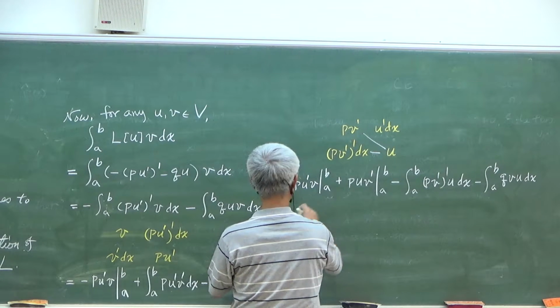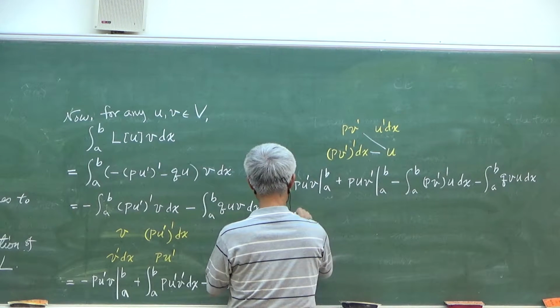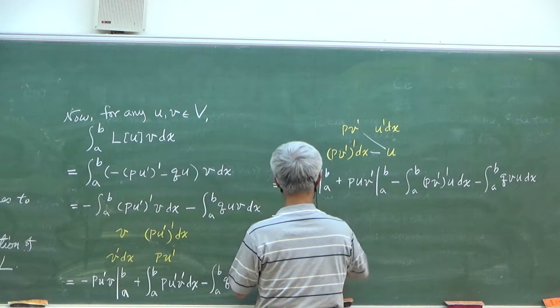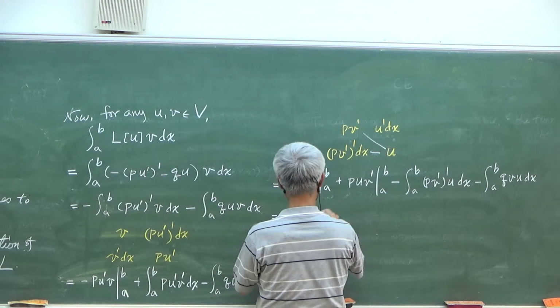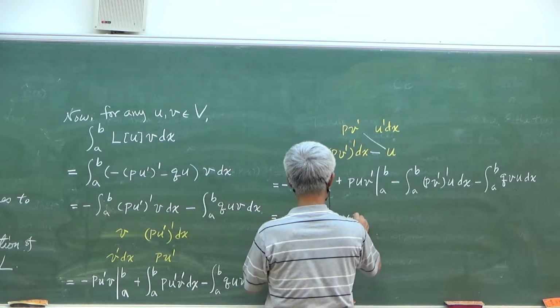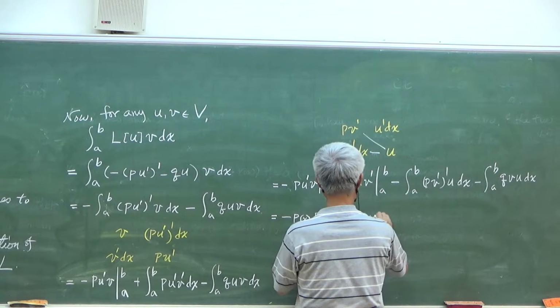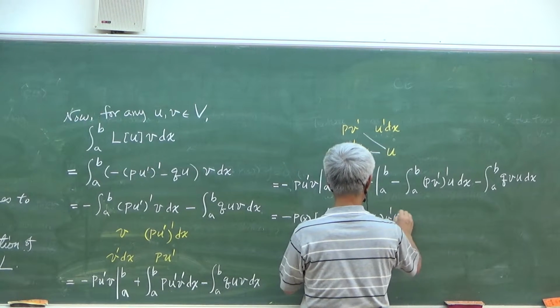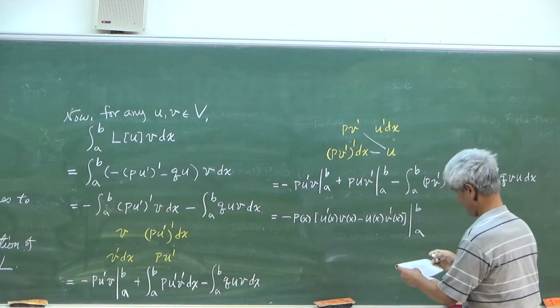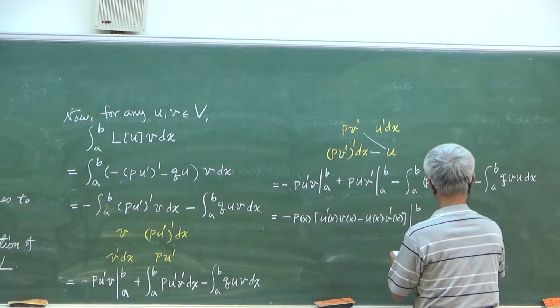So now we have p minus p over x, and u prime x dx minus u x u prime x dx, plus ab.